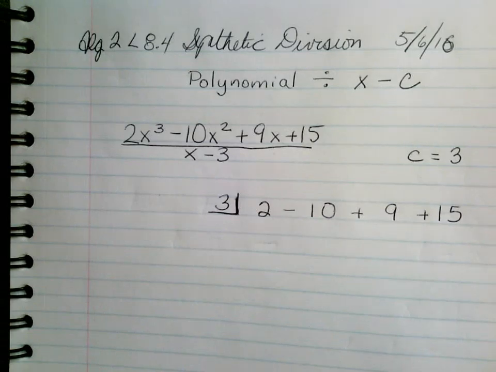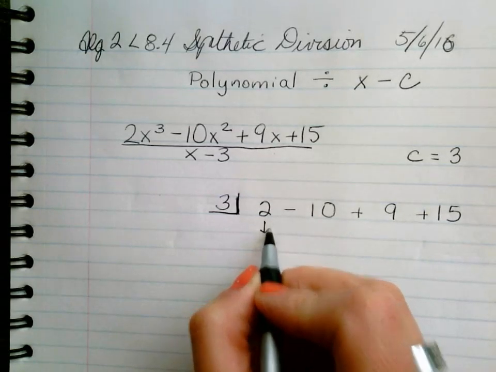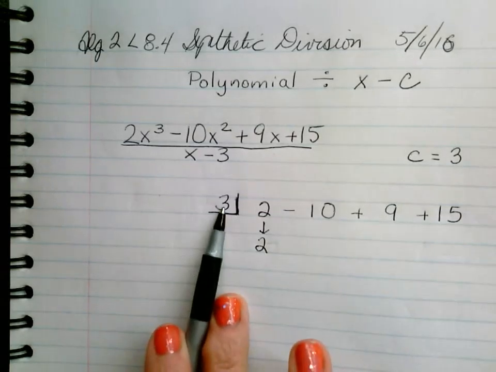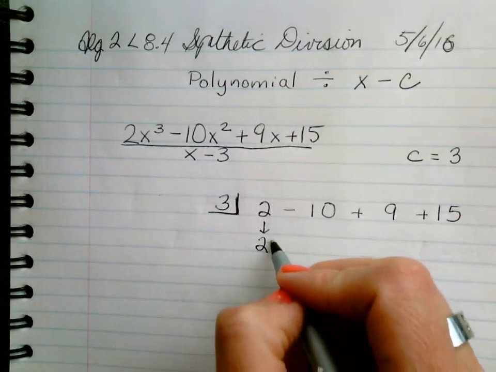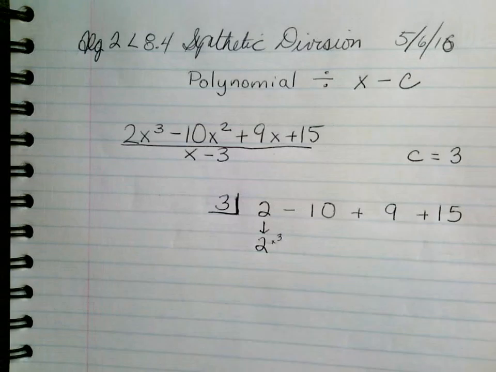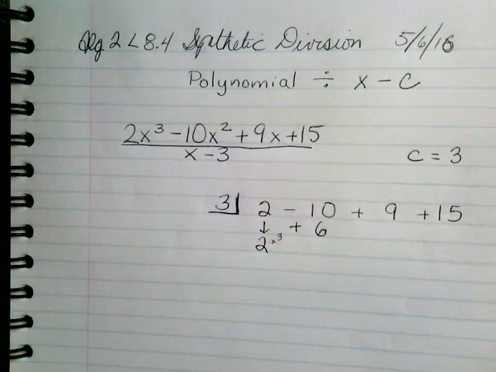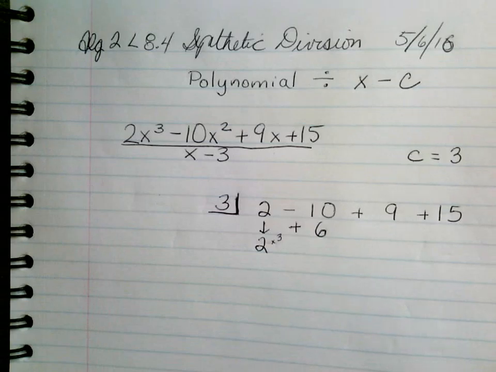Now, the process to perform this: bring down the first number. Multiply it by the divisor. So I'm just kind of putting that in there. List it below the second number.